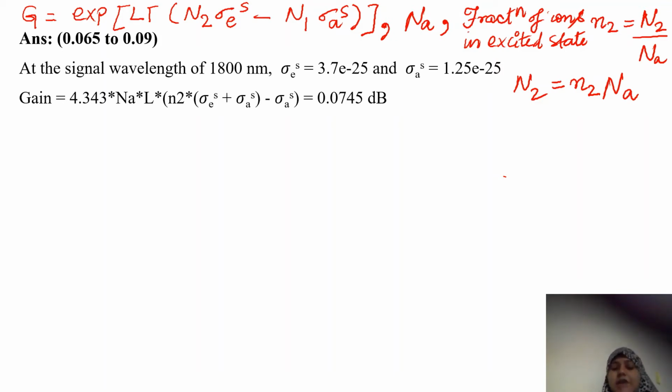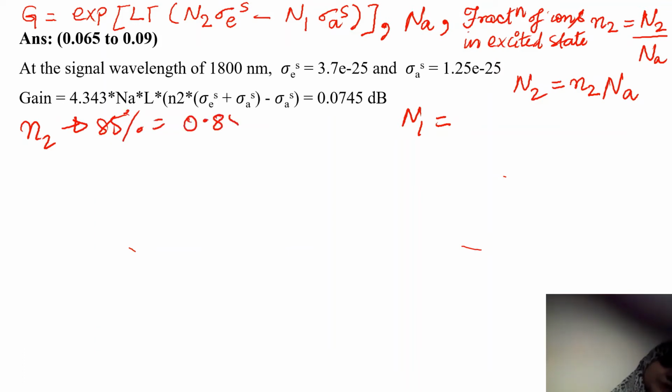This small n2 is 85%, that is equivalent to 0.85. So the number of atoms in the ground state will be 1 minus 0.85, which is 0.15. So this is equivalent to 1 minus small n2, times Na.